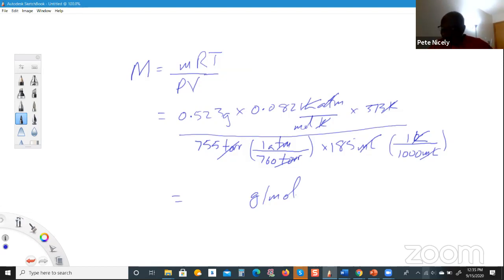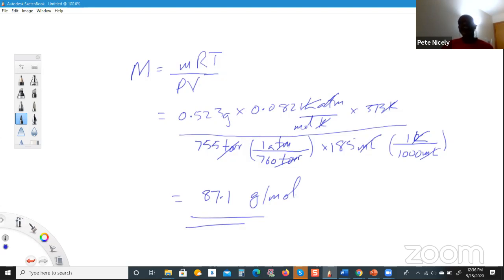Let me do it again. 0.523 times 0.0821 times 373 equals that, divided by 755, divided by 760, and then divided by 0.185. Okay, so according to my calculations, I have to round off to 3 sig figs, and this works out to be equal to 87.1 grams per mole.